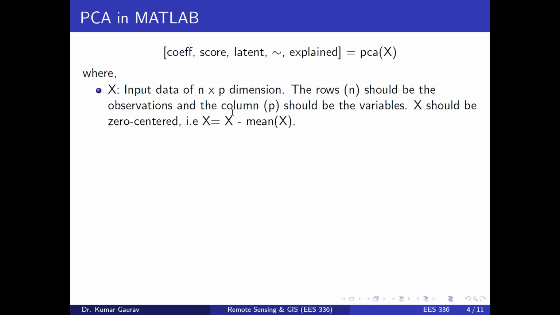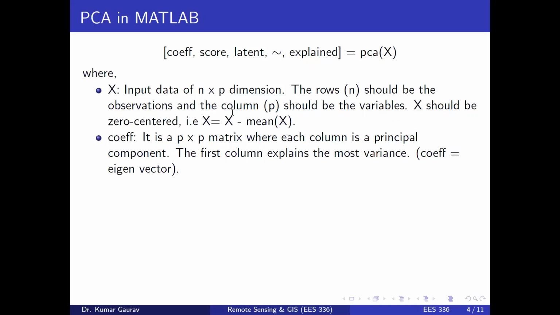Now let us see the other variables. Coefficient. What is coefficient? Coefficient is a p cross p matrix where each column is a principal component. If you run PCA of x, the coefficient term will be filled by a p cross p matrix where each column is a principal component, and the first column explains the most variance. That coefficient, that principal component, is nothing but the eigenvector.